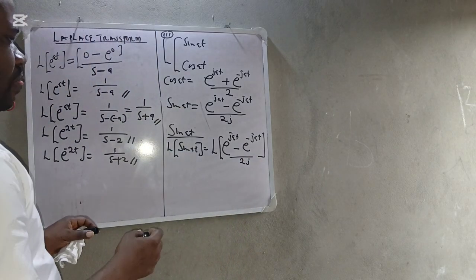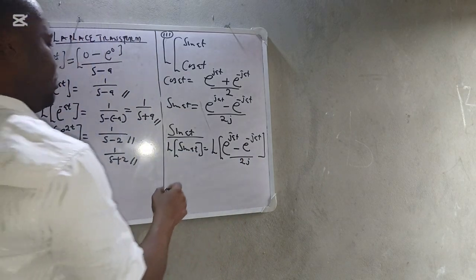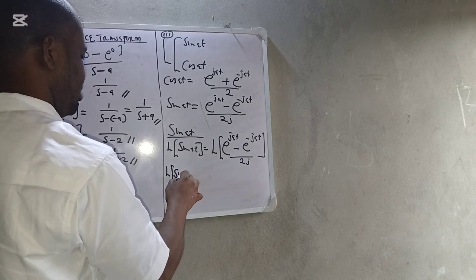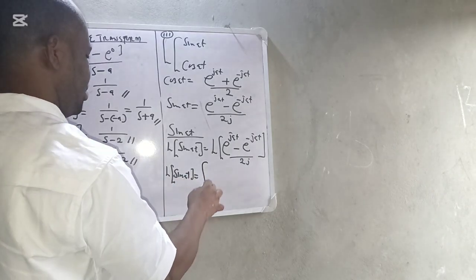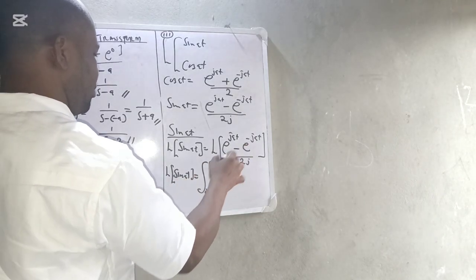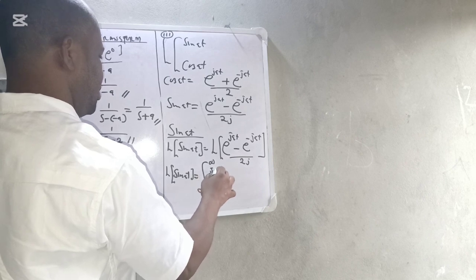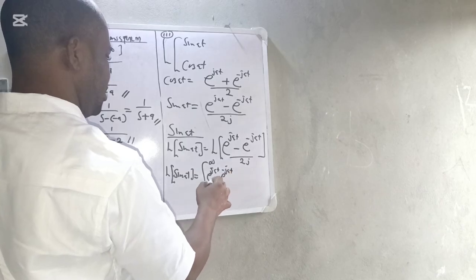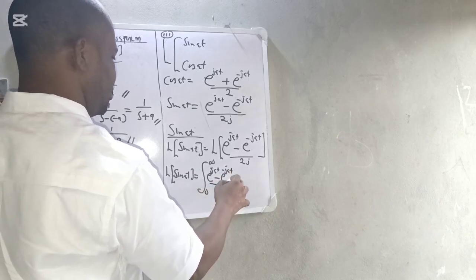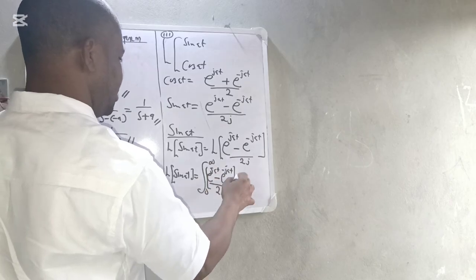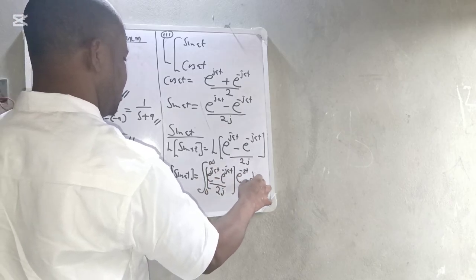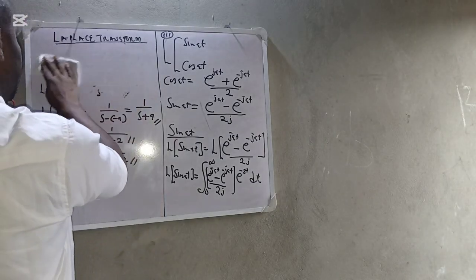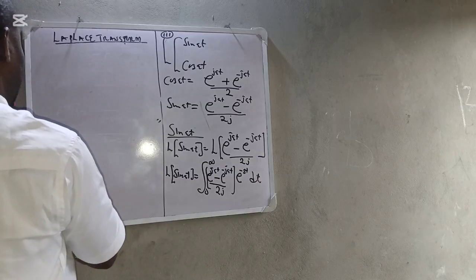Using the main formula for Laplace transform, sine at is going to be the integral from 0 to infinity of this, multiplied with e to the minus st dt.